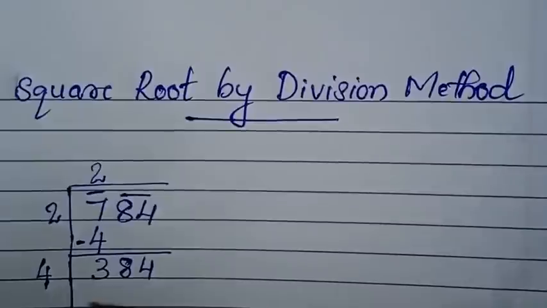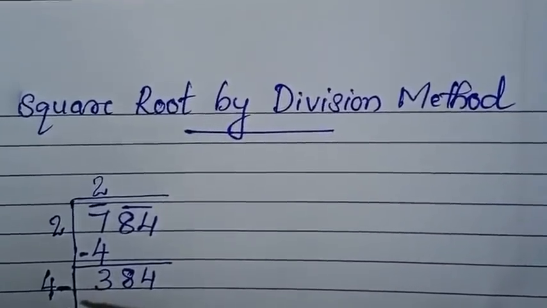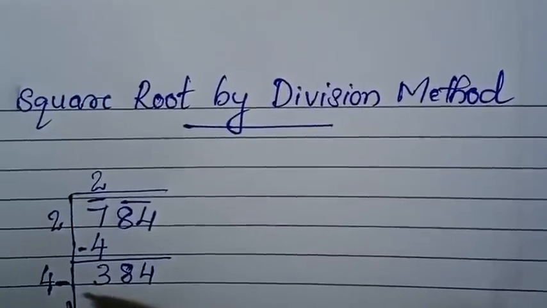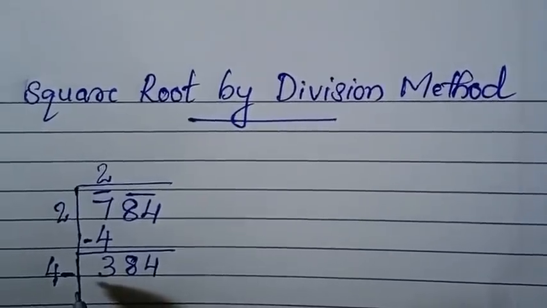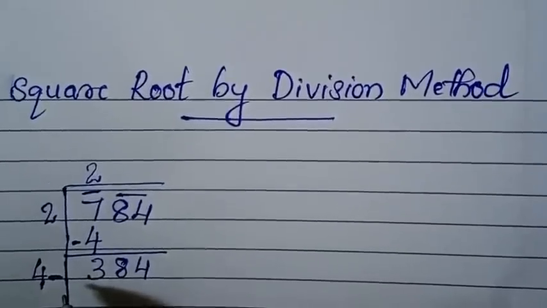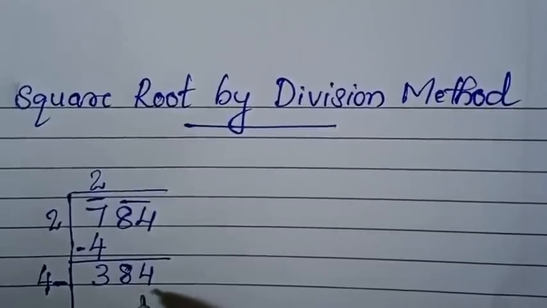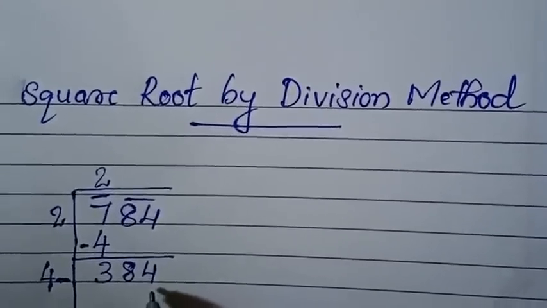Guess the largest possible digit to fill the blank space, which will also become a new digit in the quotient, such that when the new divisor is multiplied by the new quotient digit, it fits. In this number 384, 84 ends with a 4.